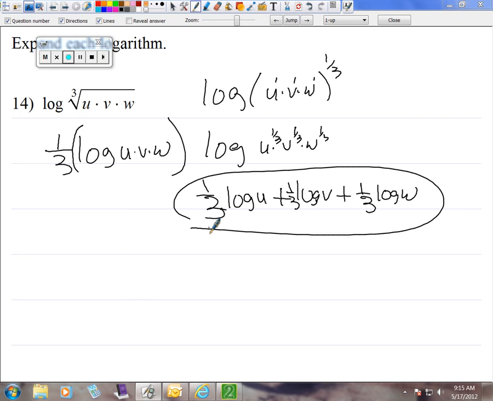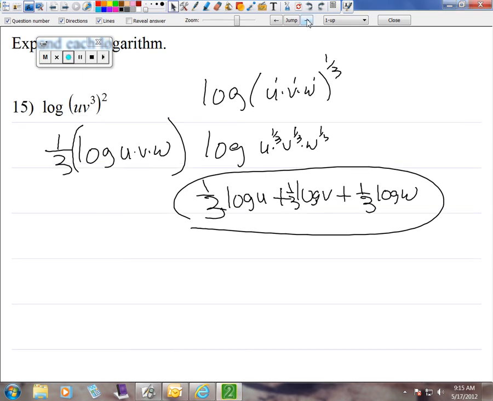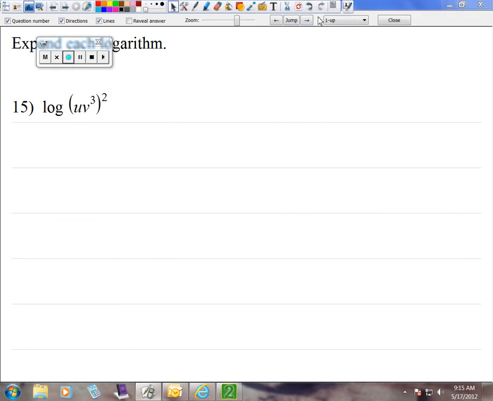How many got there on your own? Okay. 2 on that one. Do number 15. Do 15 if you haven't yet.